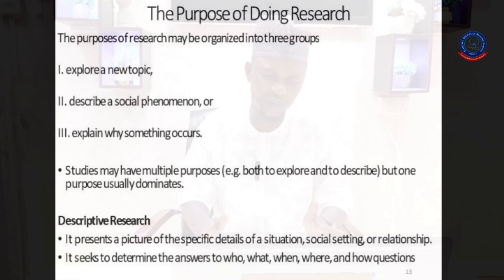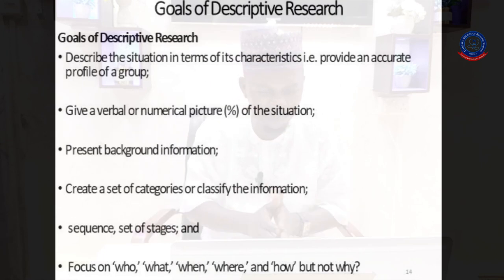Then there are types of research. We have descriptive research, we have explanatory research, then we have applied research. We'll start with descriptive research: the present picture of the specific details of a situation, social setting, or relationship.